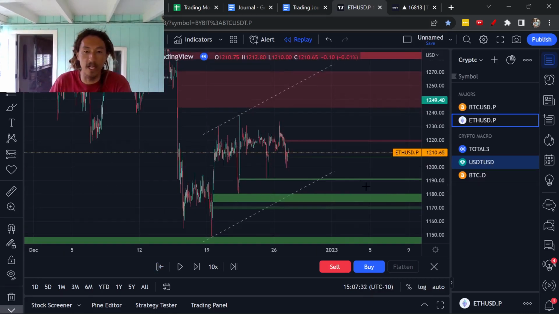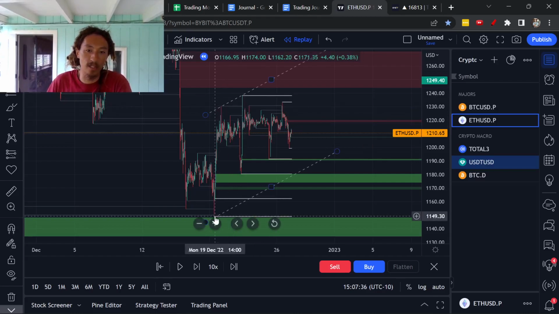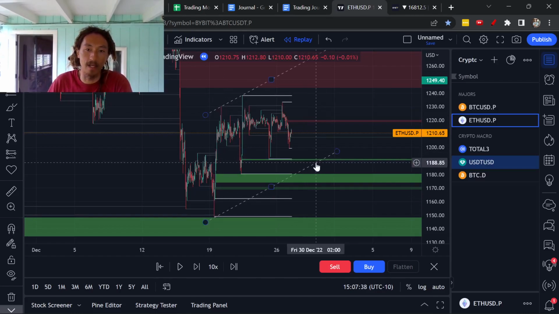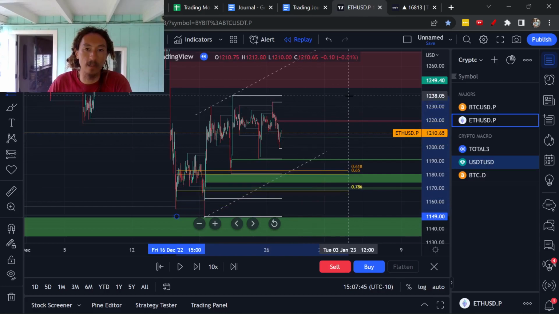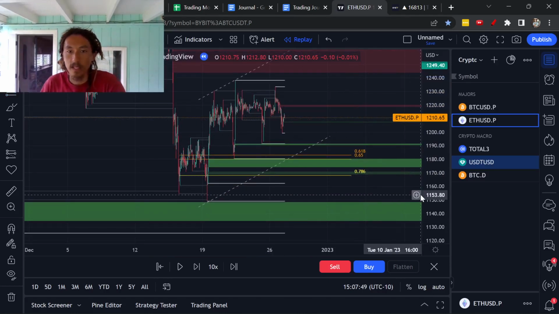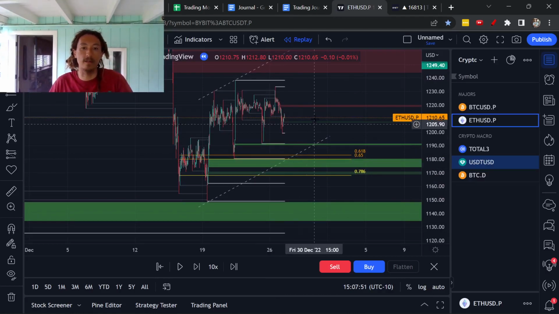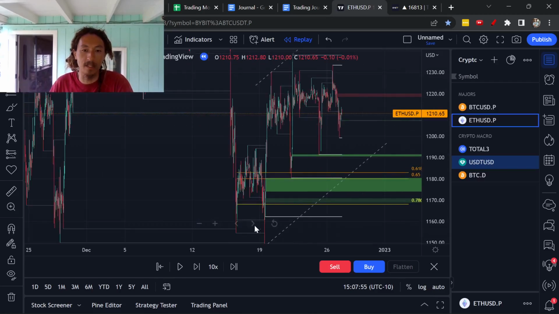So what is a predictive channel? We have two anchor points at the highs, and then we're using the low to predict that we're going to bounce off this channel down here. We're also going to use a Fibonacci retracement to look at a possible golden pocket, which gives us additional confluence and also tells us when this is likely to happen.